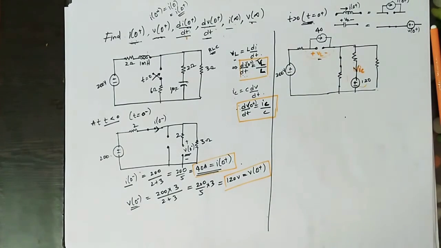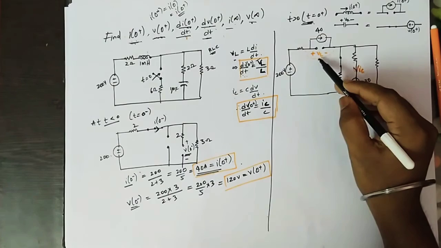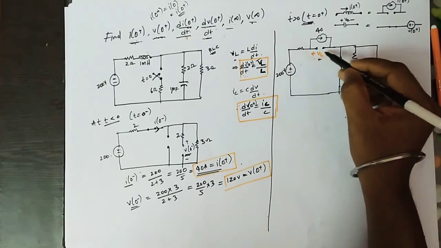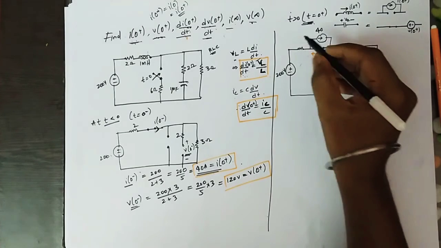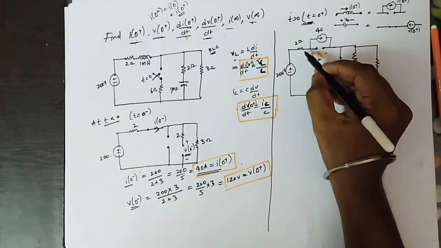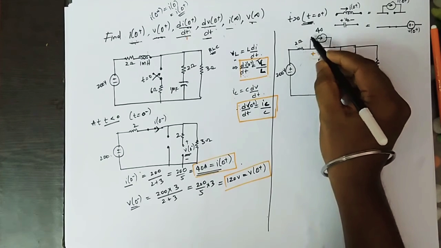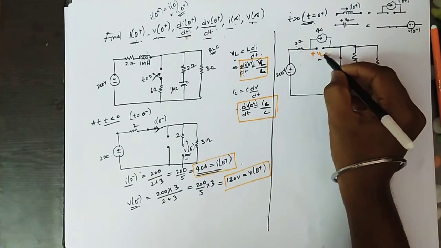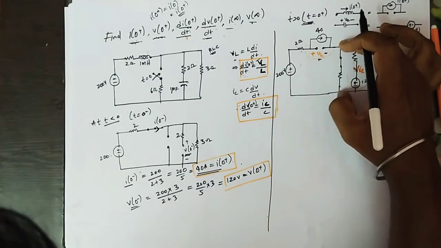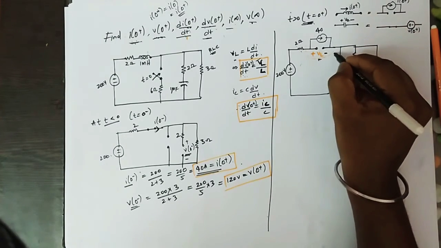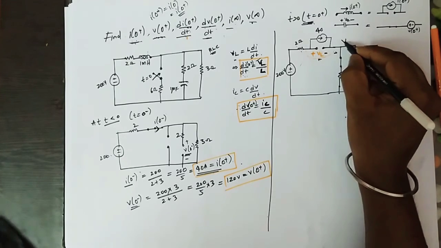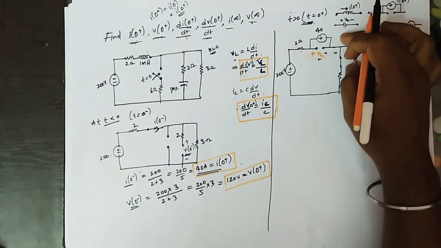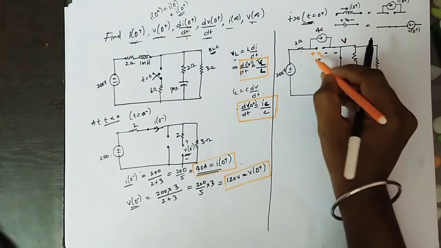Now to find VL, what is the loop we have? This is the loop we have. This is the 2 ohms, so the current 40 is passing through. 2 into 40 is the voltage across this 2 ohms. Plus VL will be drawn, and we need to find the voltage across this. If you find voltage V by one loop equation, we can get VL.